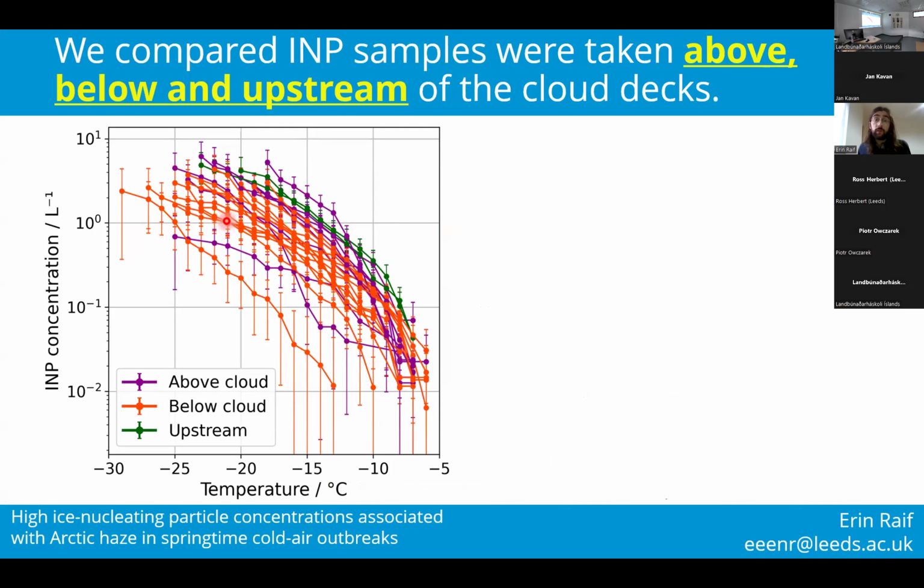So having looked at that, we then compared IMP samples with respect to their locations relative to the cloud decks that we saw. So we looked at those above, below, and upstream of the cloud decks. And you can see that if we just look at the IMP concentration, they're relatively clustered.